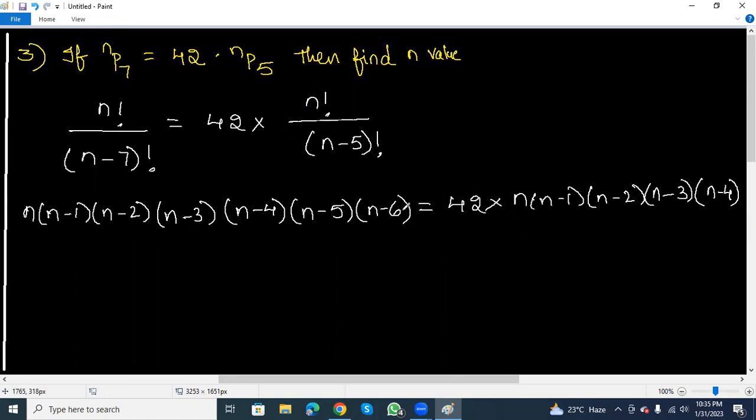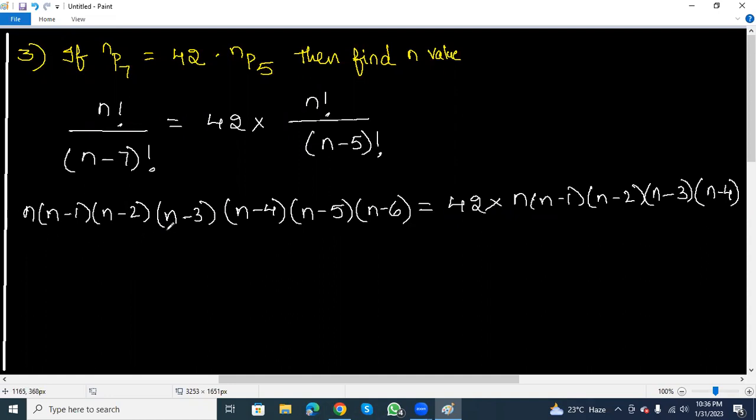So now on either side of the equal to symbol, whatever is the same, we can remove. Why? Because if I shift all these to the left hand side, a few will be in the numerator and the denominator and get cancelled.